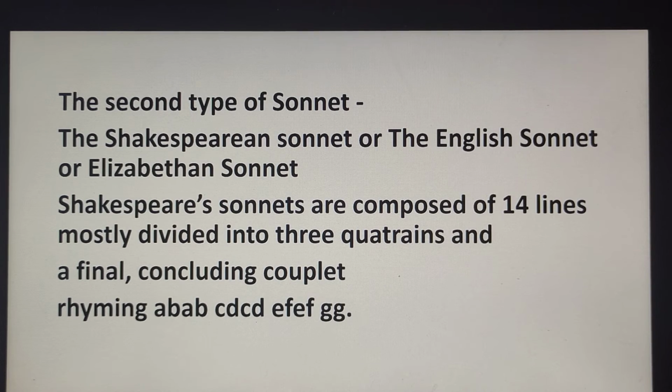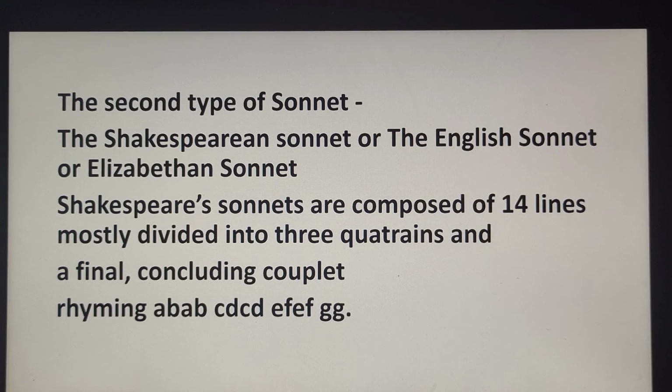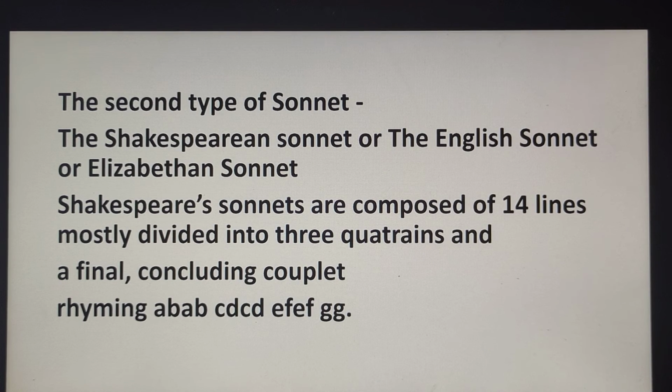Shakespeare's sonnets are composed of 14 lines and most are divided into 3 quatrains and a final concluding couplet, which rhymes ABAB CDCD EFEF GG. This is the rhyme scheme. This sonnet form and rhyme scheme is known as the English sonnet, and it first appeared in the poetry of the Earl of Surrey. He translated Italian sonnets into English as well as composed his own.